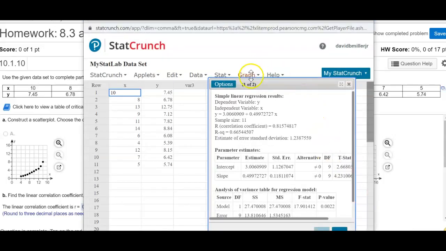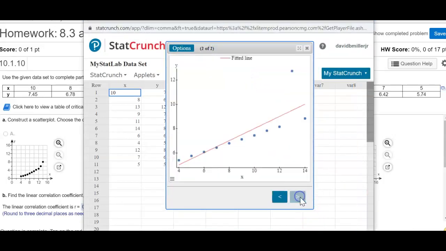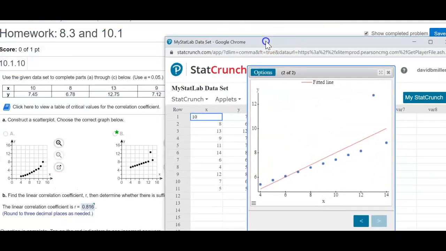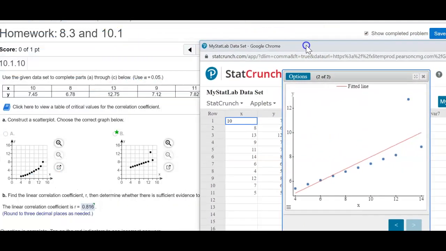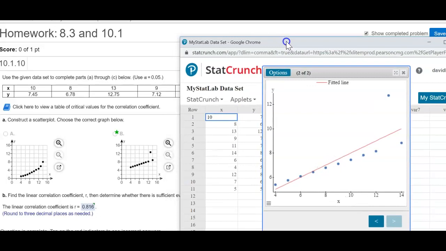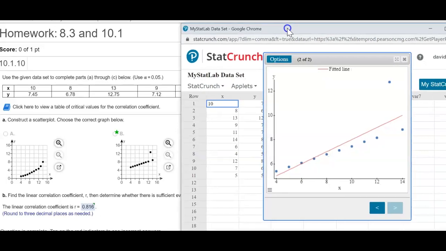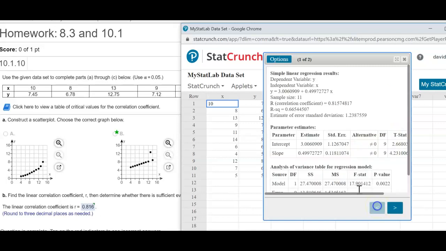So first off, this actually gives us a plot, so we can compare that to the plots that we have here to choose the right one. You can see that it is this linear one here, letter B, so that matches up really well to what we have. There's the one outlier that you see there, kind of an outlier, not 100% sure that it's an outlier, but it looks like one.